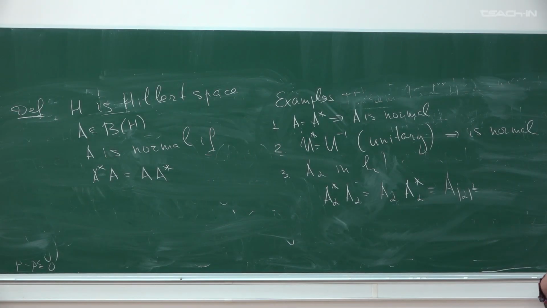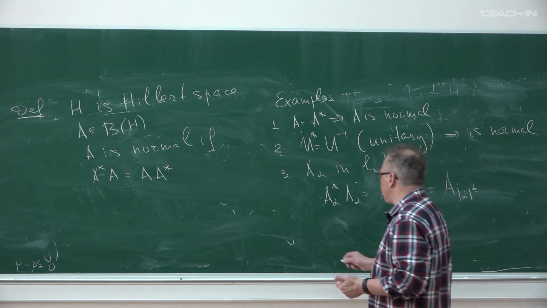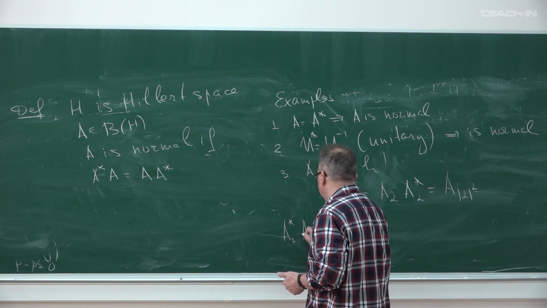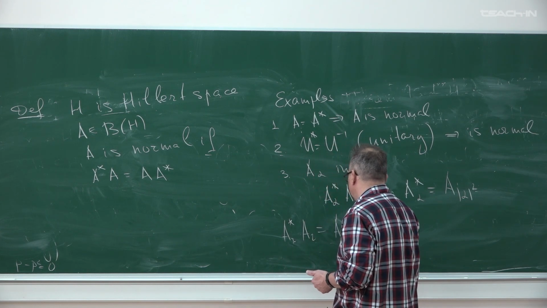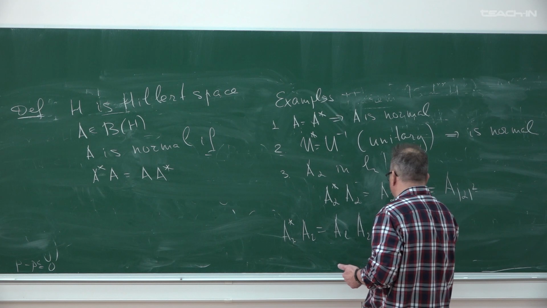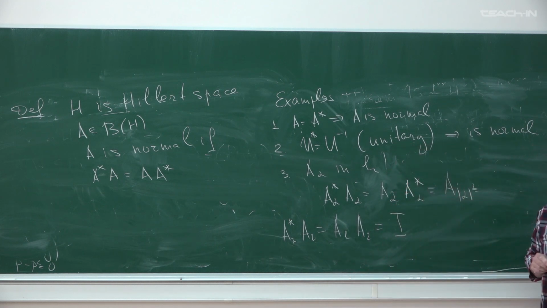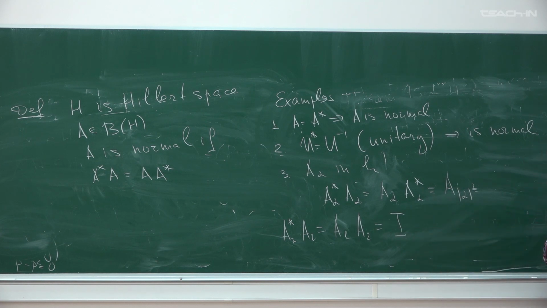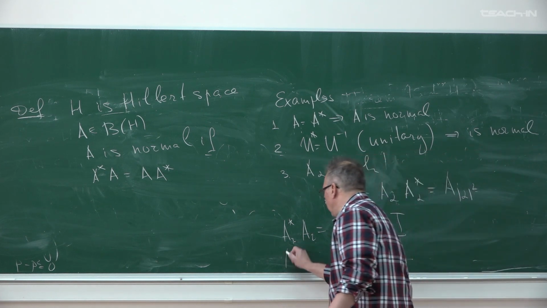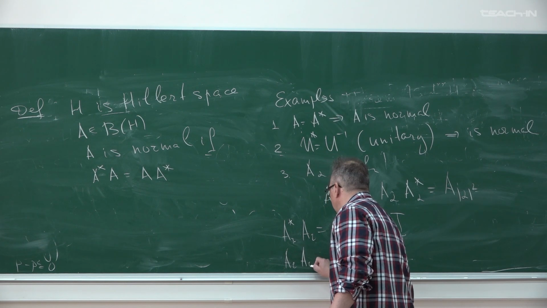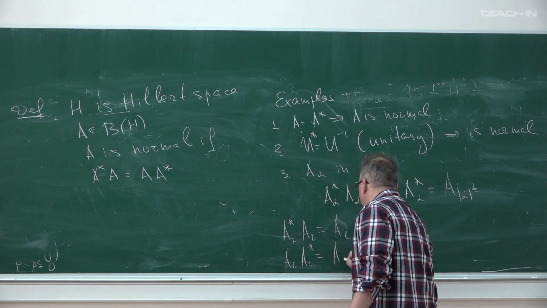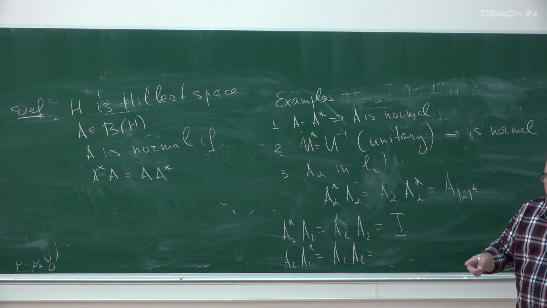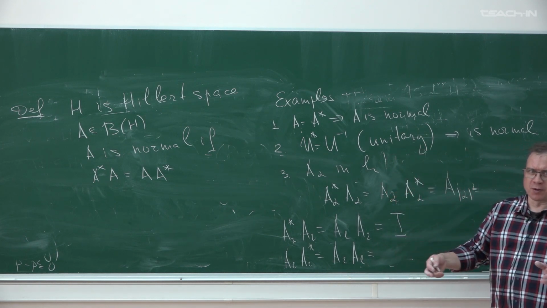But an example of a non-normal operator: the shift operators are not normal, because the composition is the identity. We first shift to the right, put 0 in the first place, and then come back to the left. And for the other, we shift to the left, then come back to the right and put 0 in the first place.